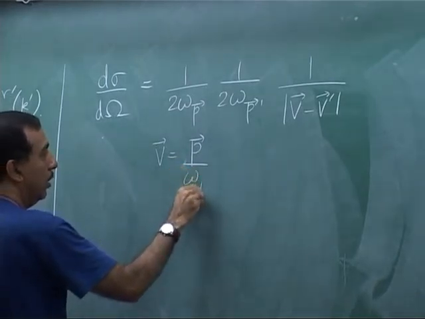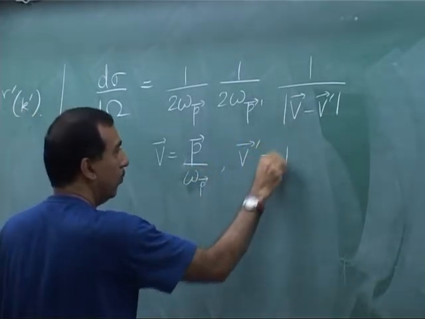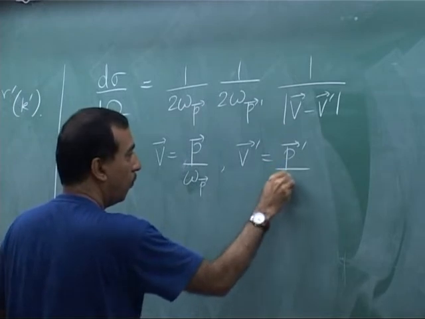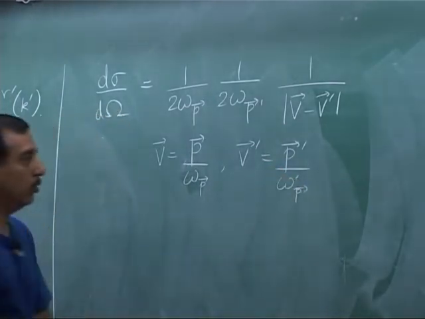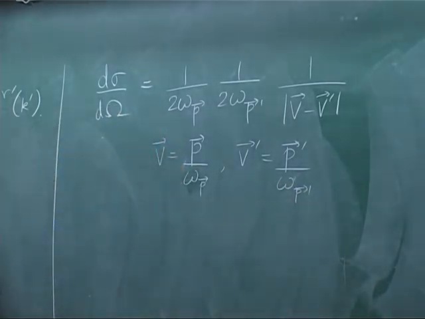Then there's a relative velocity factor, V minus V prime, where V is P over omega P. I guess I interchangeably call it omega P and EP. I suppose it doesn't do any harm. Okay.